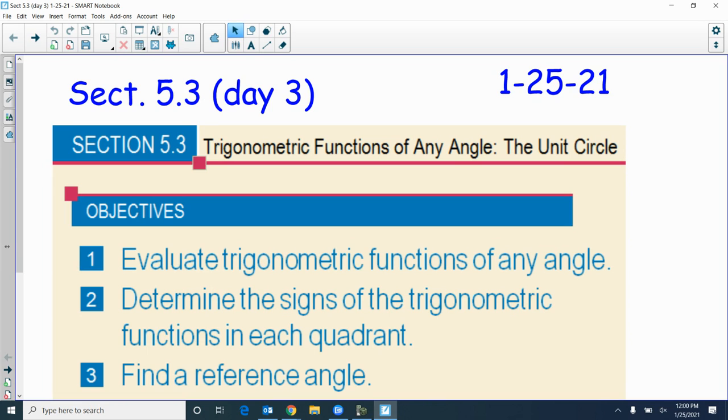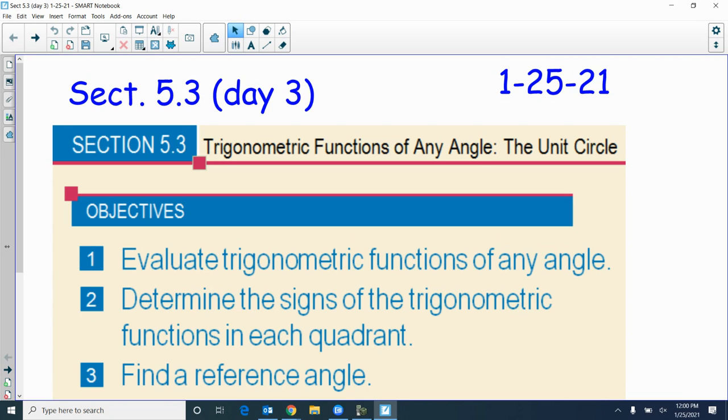Once we show you how to develop it, it's not as hard as it looks. Hopefully you'll be able to tell me what the cotangent of 180 is, without too much issue for that one.